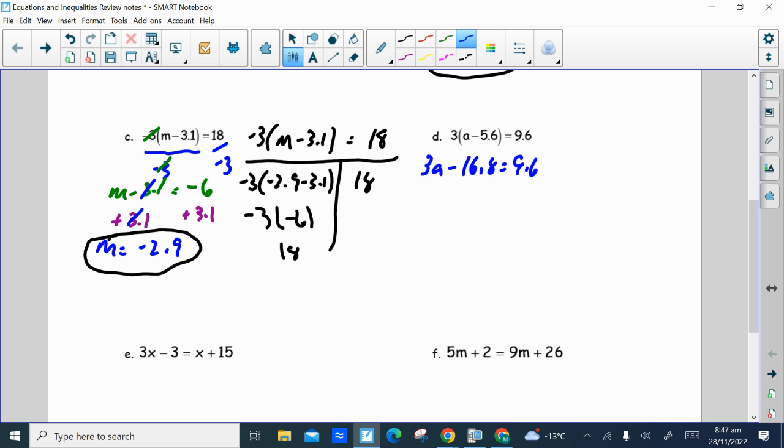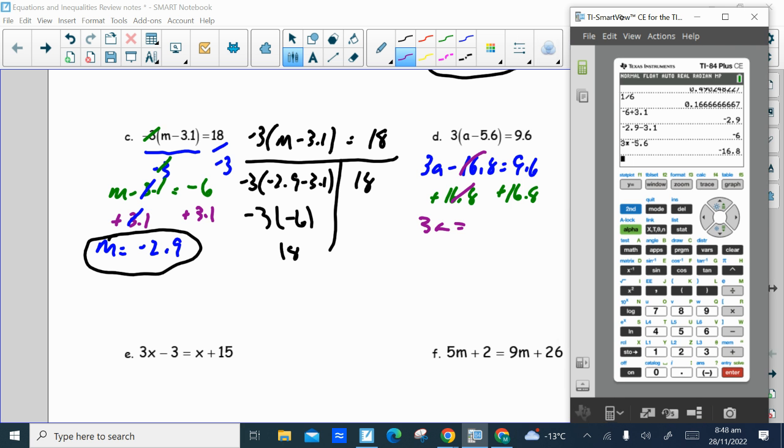And then to get the 3a by itself, we will add 16.8 to both sides. On the left side, the 16.8s cancel.